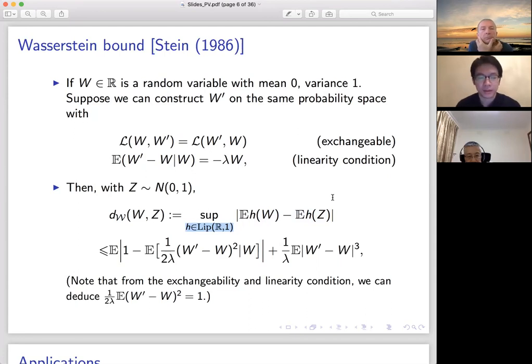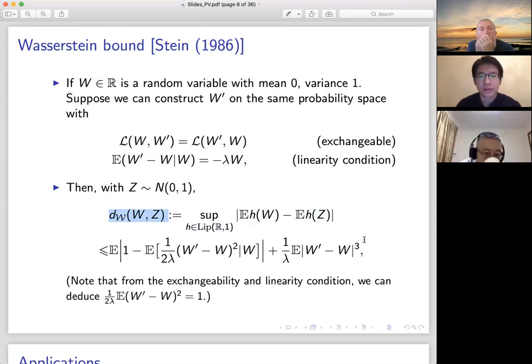This Wasserstein distance is of interest because it has connections to transportation distance. This d_W is actually equivalent to the minimum L1 norm of the difference between W and Z under all couplings.